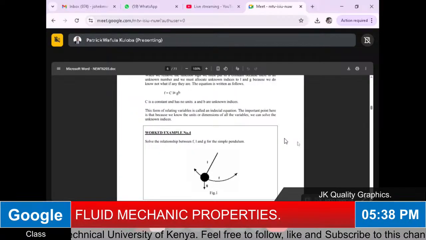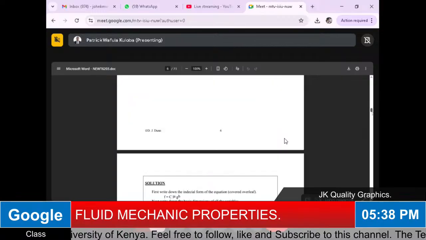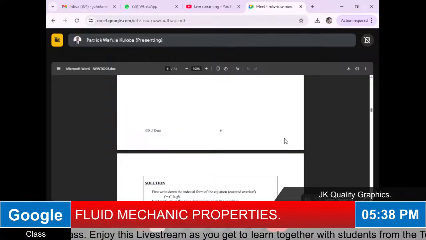To find the values of A and B, the following is done.